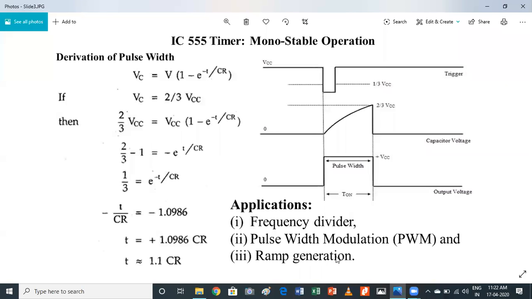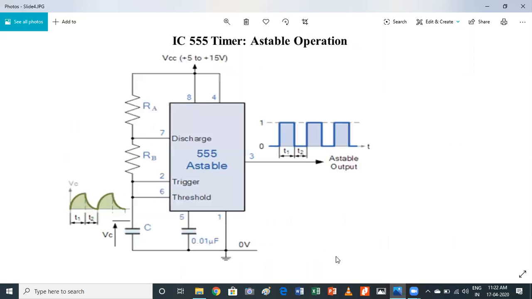Now we move on to the next mode of operation, astable mode operation. See, this is the actual circuit of the astable mode operation. Here two resistors are used. It is also called the free running oscillator.